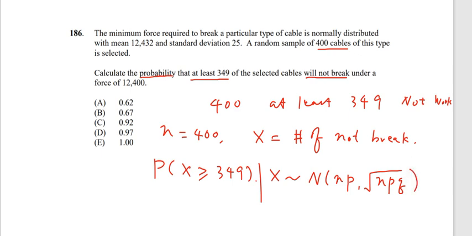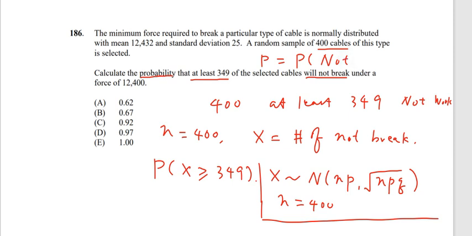The standard deviation is the square root of npq, right? So what is p? So n equals 400. So then what is p? So p is the probability of not working. P equals the probability of not working, not break. Okay, so not break.